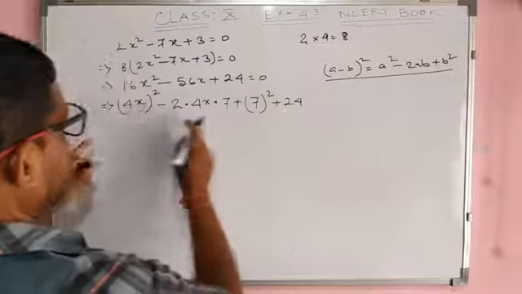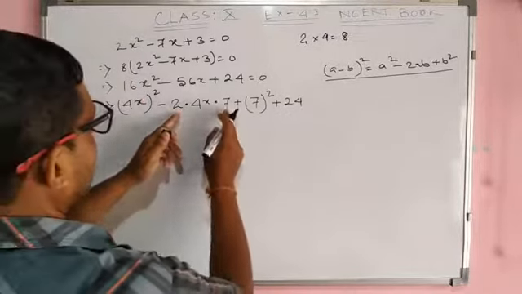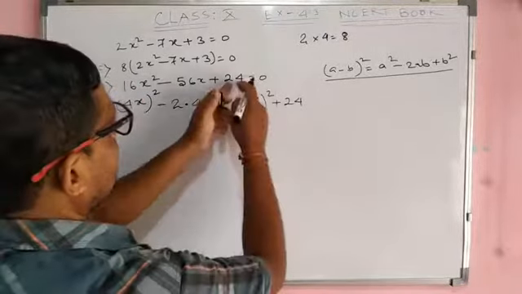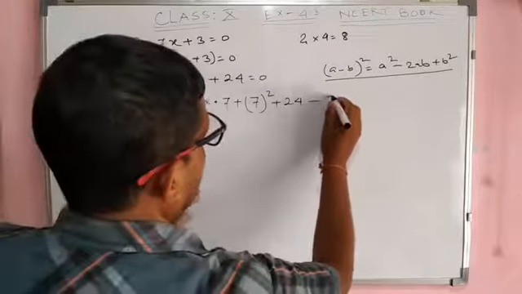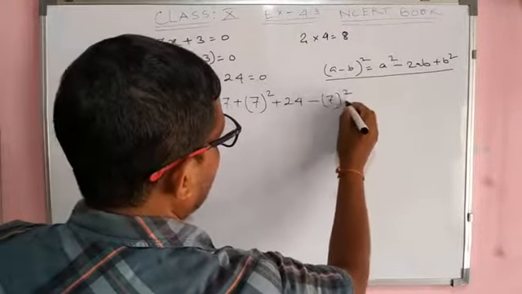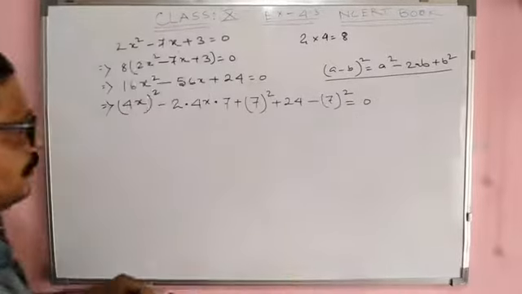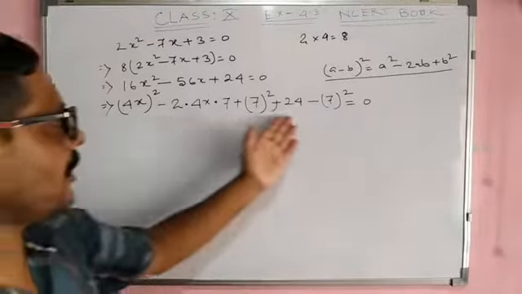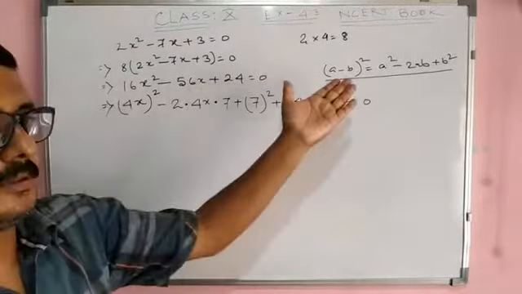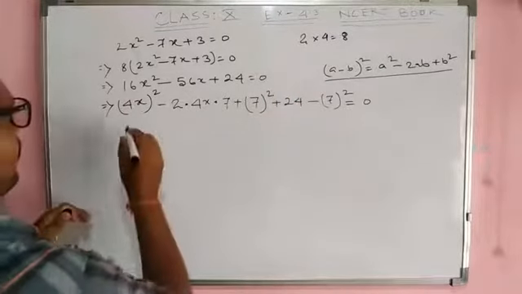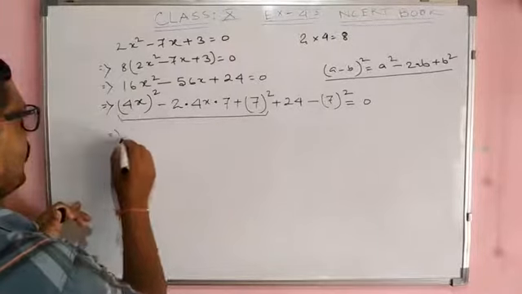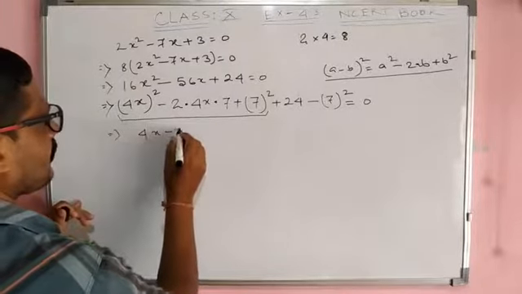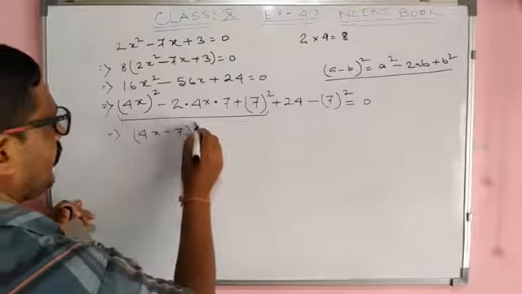Now let us compare: this and this are the same, but this I have written extra. So let us subtract this one. You cannot write more, you cannot write less also. Now this part and this part are the same only. So from here to here, by the formula, we get 4x minus 7 whole square.